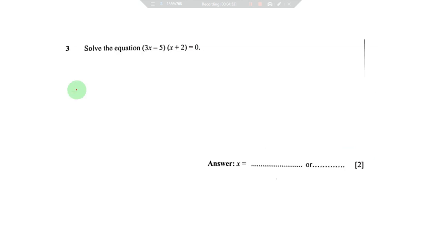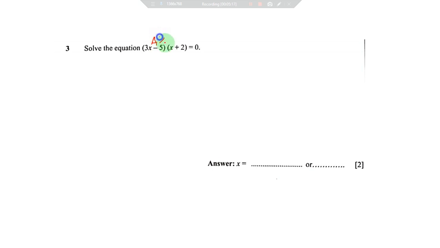We go to question 3. Again, another form of factorization. Fortunately, this one is already factorized for us. We are almost done. This is just the final phase of this question. It's a quadratic equation for that matter. So we'll go direct into using the product rule.